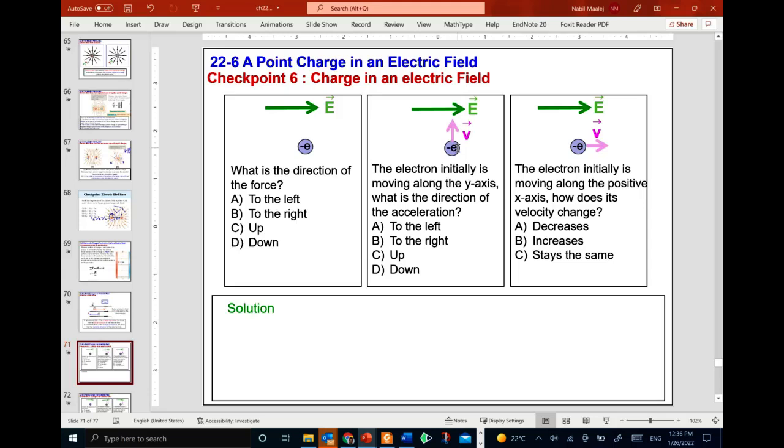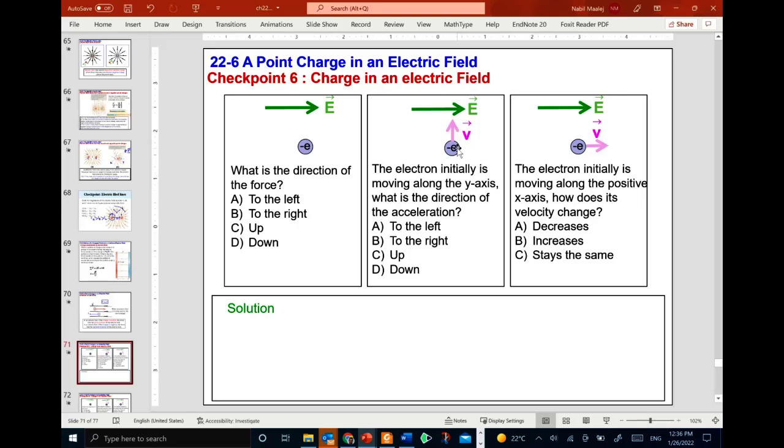In fact, if v is constant, the acceleration is 0. I did not say it's moving faster or slower. Constant velocity means there is no acceleration on the y-axis.